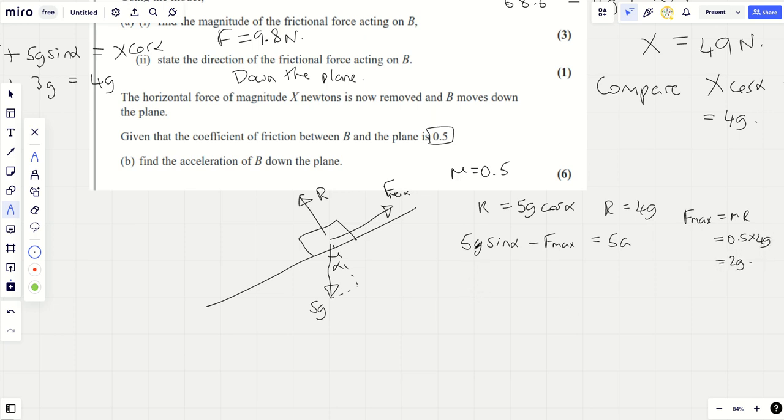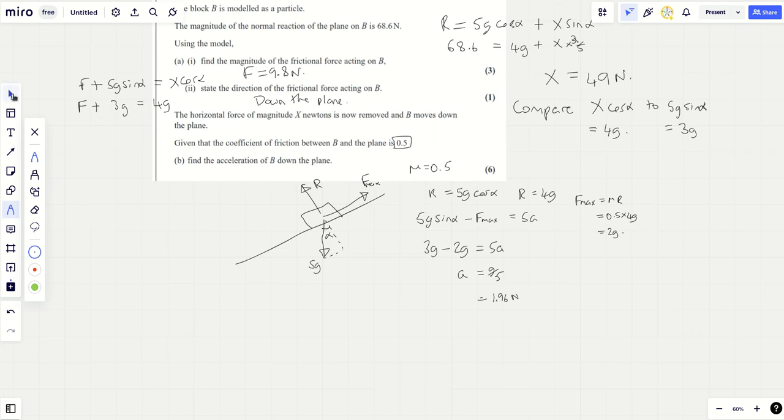So this becomes 5g sine alpha, which is 3g, minus 2g equals 5a. By the look of it, a is going to be equal to g over 5, and that should be the final answer. I just quickly checked, it's 1.96, which sounds like g over 5 to me. And that's that question.